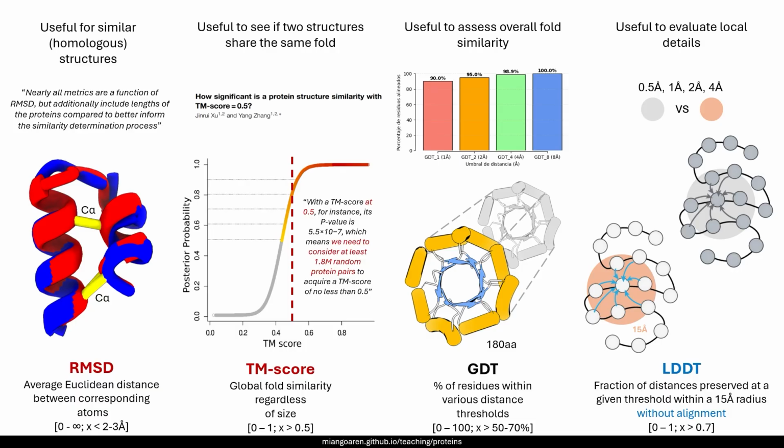It operates independently, and what it does is look at the residues in their vicinity, up to a radius of 15 Angstroms, and then evaluates what fraction of these amino acids preserve their distances, giving us a score to evaluate the preservation of these distances between both proteins. It gives values from 0 to 1, with values of approximately 0.7 indicating a well-structured protein that would therefore have a structural similarity with respect to the one we are comparing.